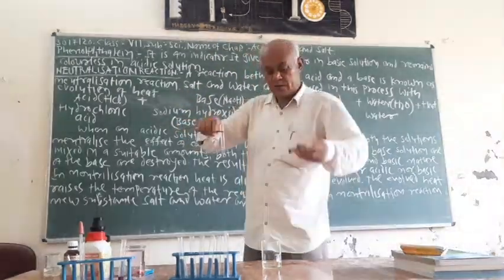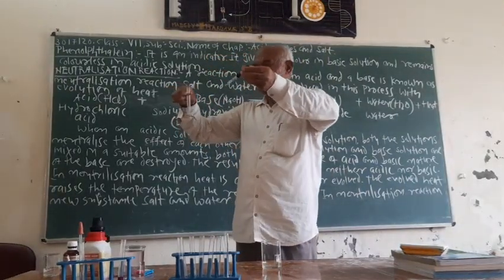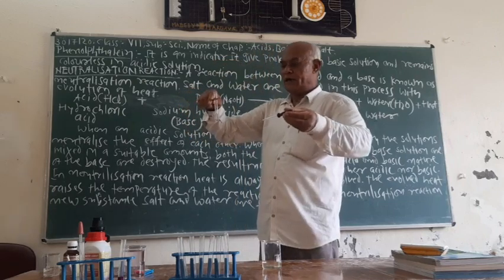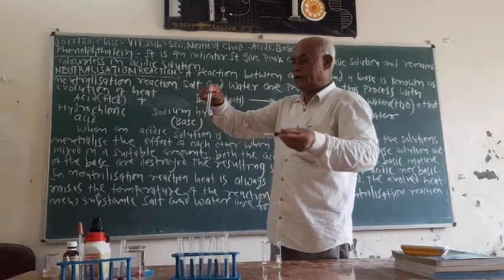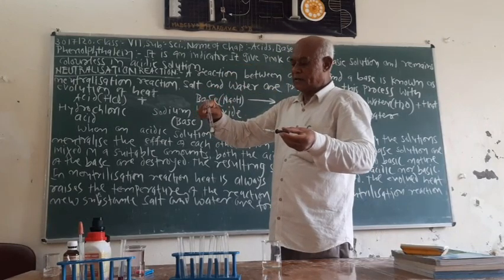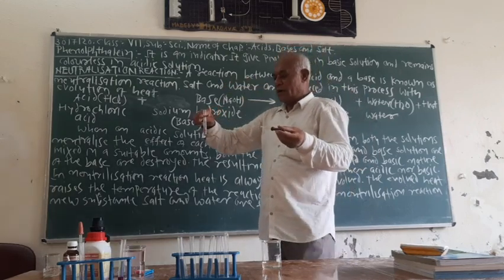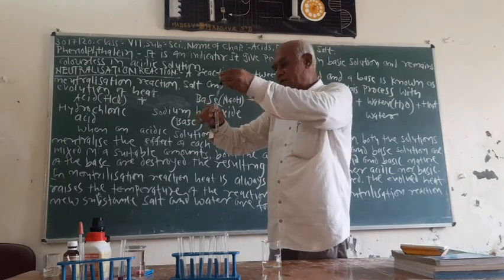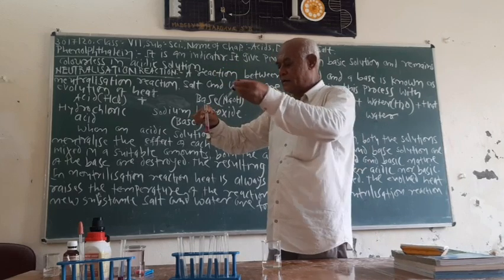I put more base, sodium hydroxide, in the solution containing acid. The base added to the acidic solution destroys the chemical nature of the acid present in the test tube, but since more acid is there in the test tube, one drop of sodium hydroxide destroys the chemical nature of one drop of hydrochloric acid. So, drop by drop.